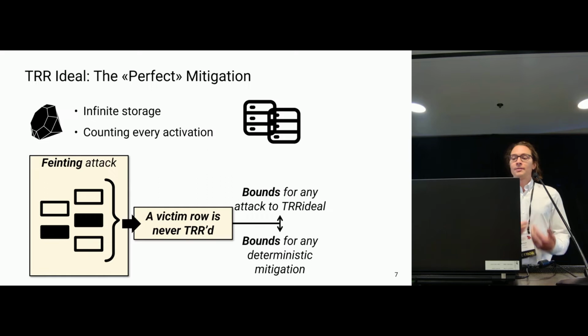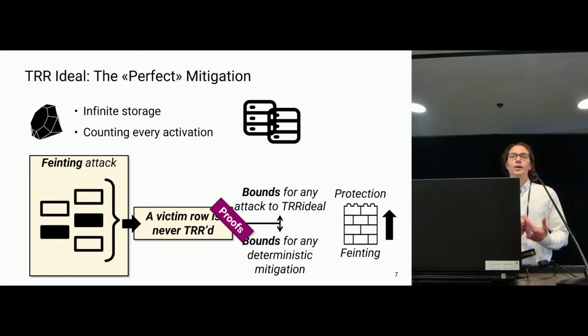In other words, this gives us bounds for any attack to TRR ideal, because we proved fainting to be optimal. And it also gives bounds for any deterministic mitigation, because of course, they will be worse than TRR ideal. And in the paper, we proved this. So this means that by fainting, we can understand the degree of protection that a device can have.